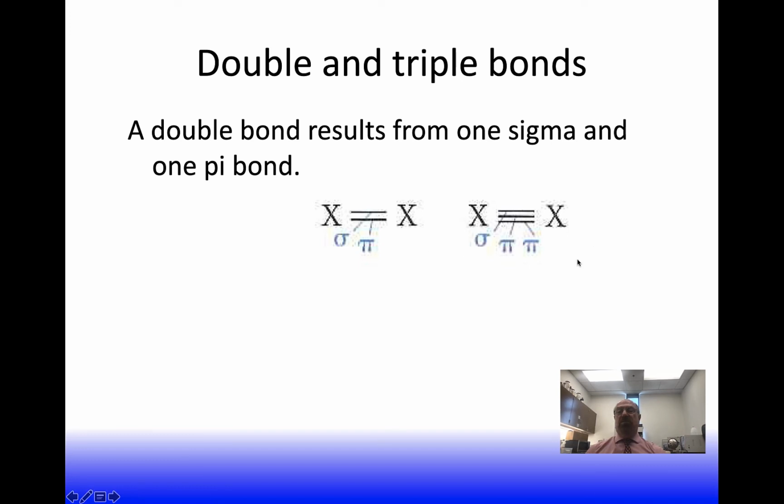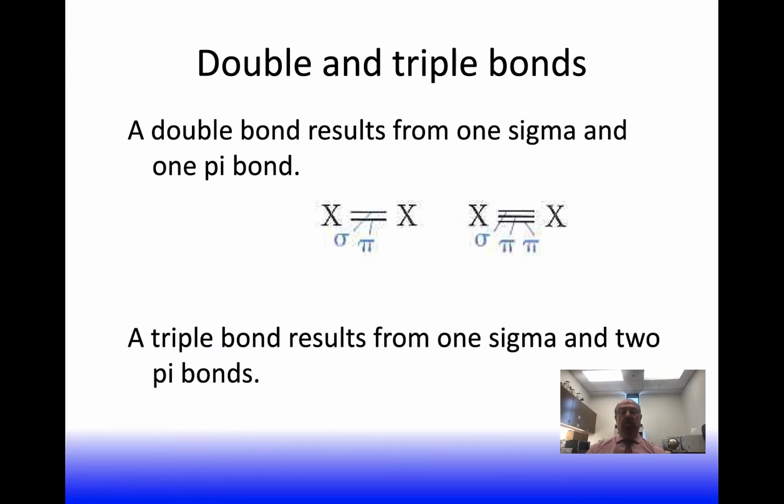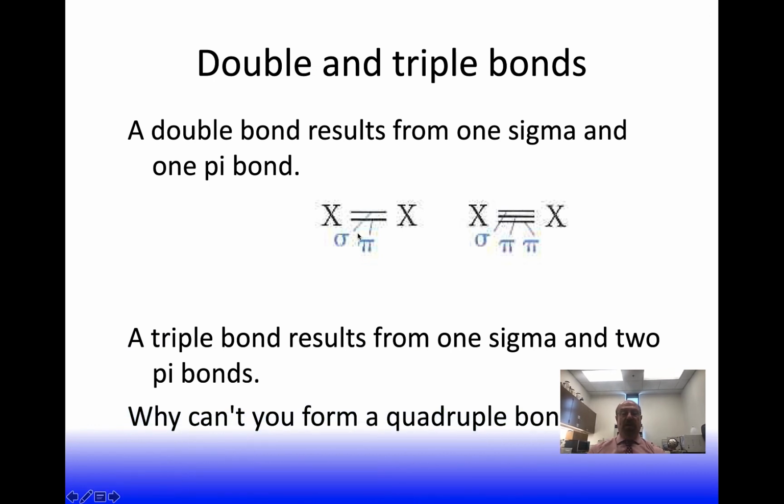So when nitrogen forms a compound with itself, you end up with two nitrogens triple bonded together. You get one sigma bond, which is an end-to-end overlap of two p orbitals, and you get two pi bonds, which is side-to-side overlap. So a triple bond is one sigma and two pi, a double bond is one sigma and one pi, and you cannot ever form a quadruple bond between two atoms.